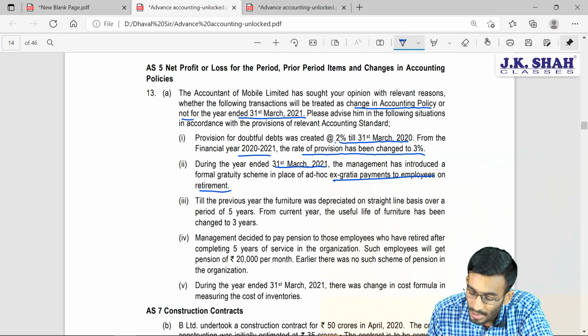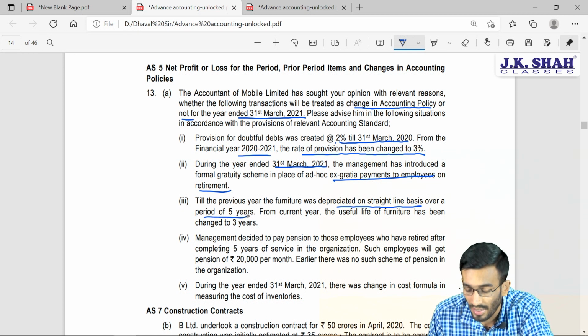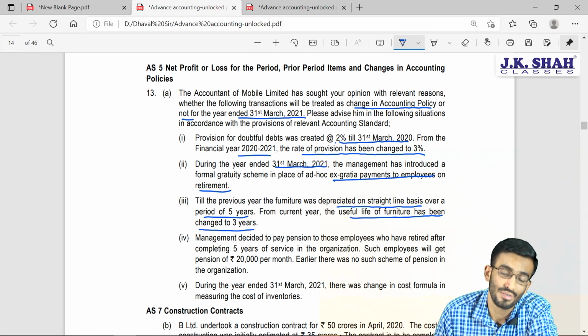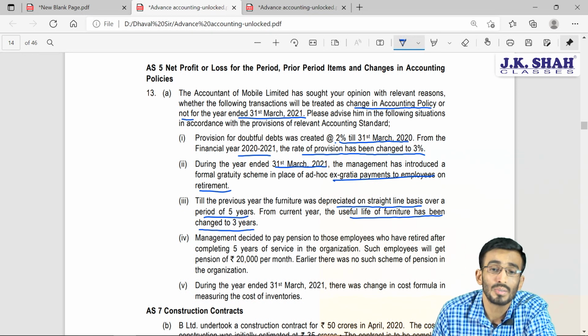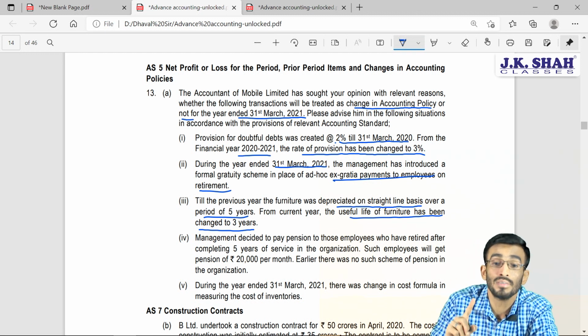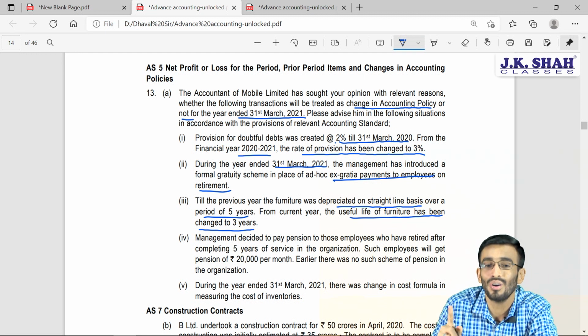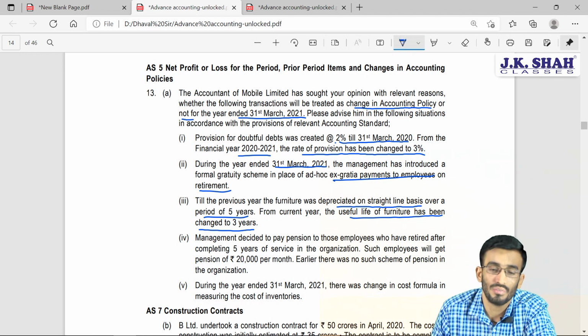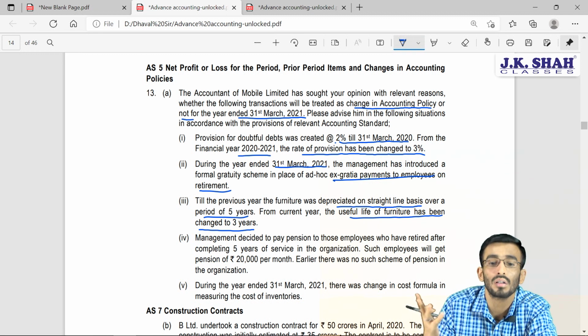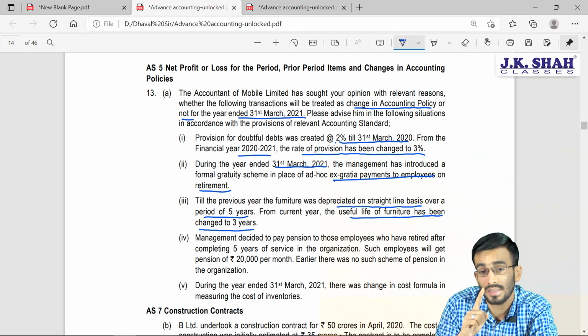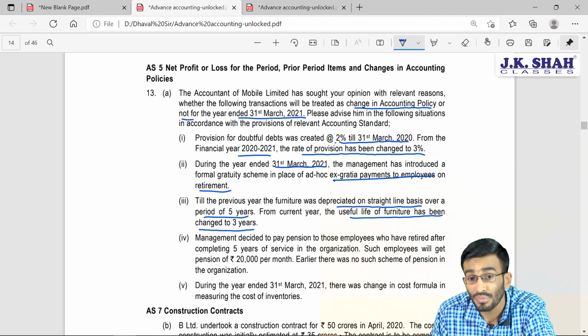Third, till the previous year the furniture was depreciated on a straight line basis over a period of 5 years. From the current year, the useful life of furniture has been changed to 3 years. So definitely, sir, this will be considered as change in accounting estimates and not a change in accounting policy, because when we calculate depreciation, what is the formula? Original cost minus estimated scrap value divided by estimated useful life.